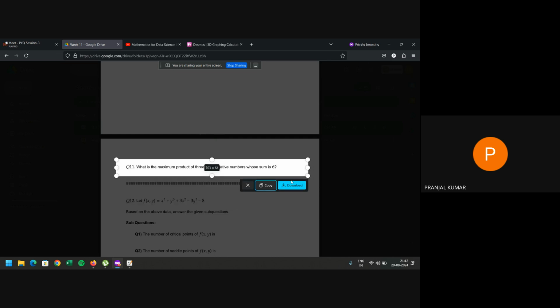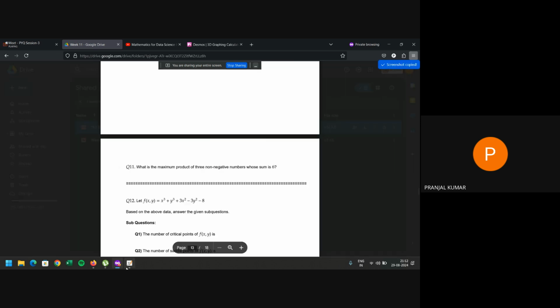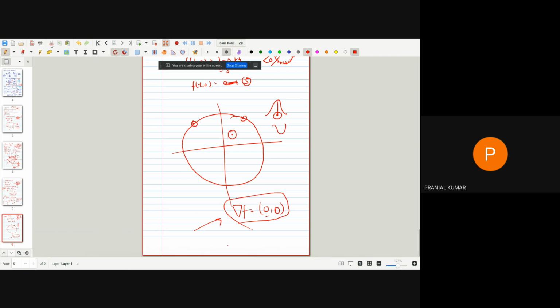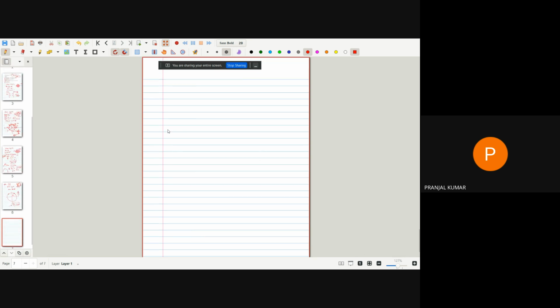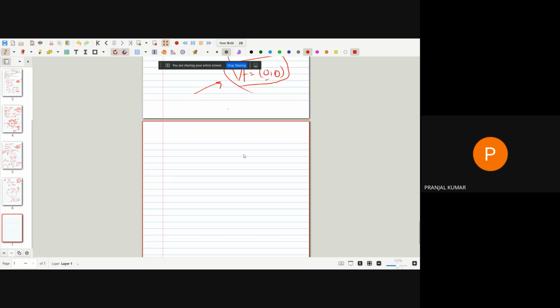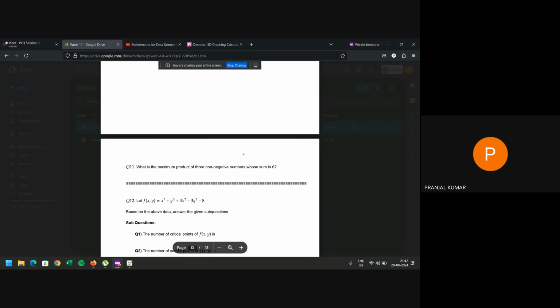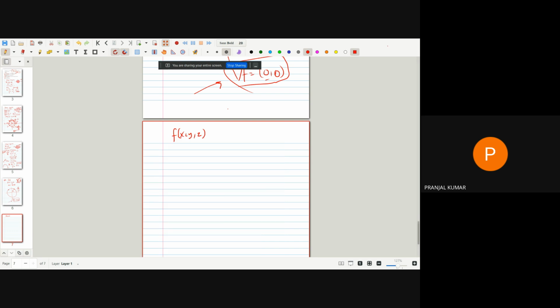So let's try to do this. What is the maximum product of three non-negative numbers whose sum is 6?